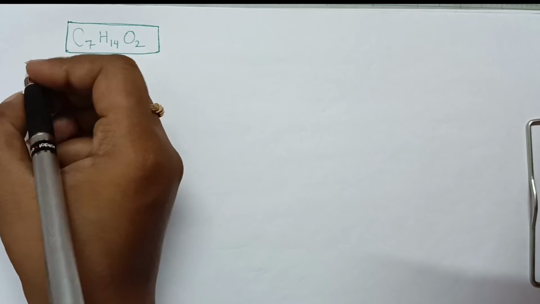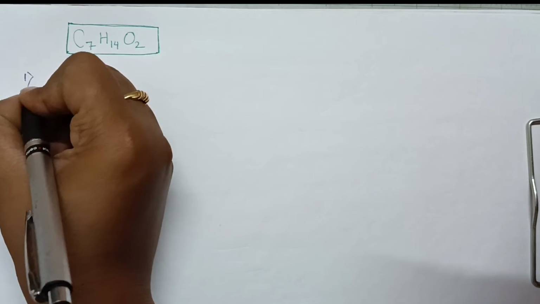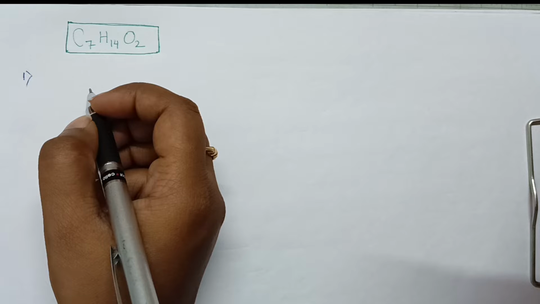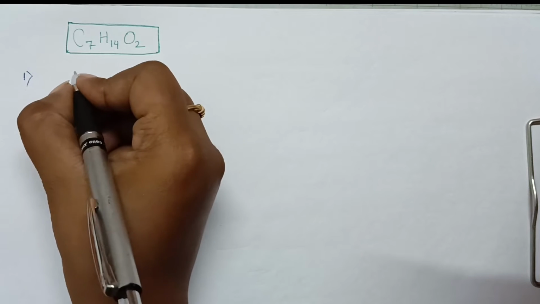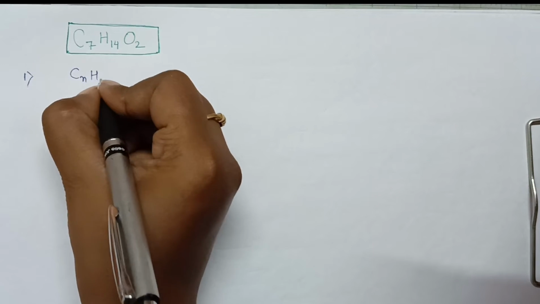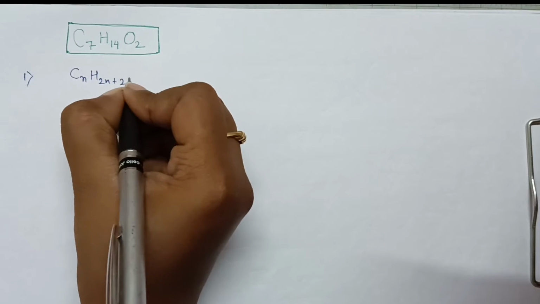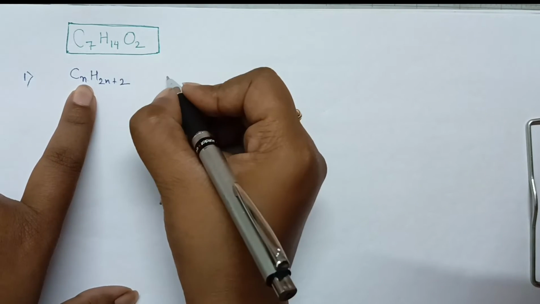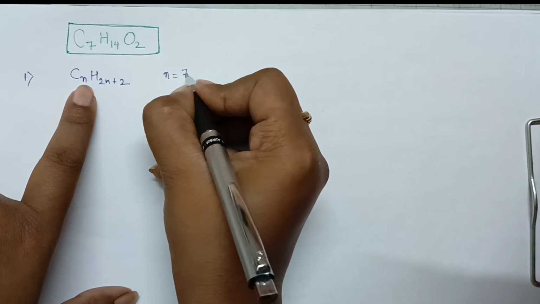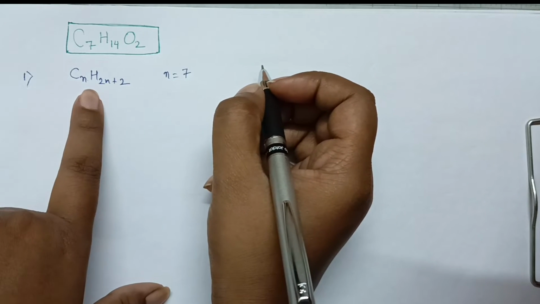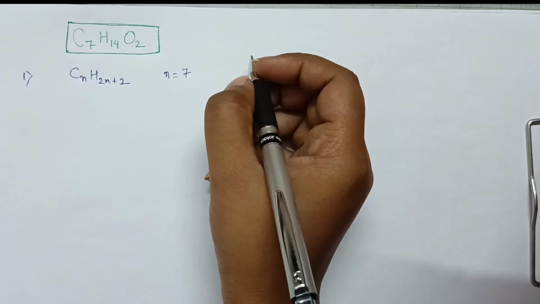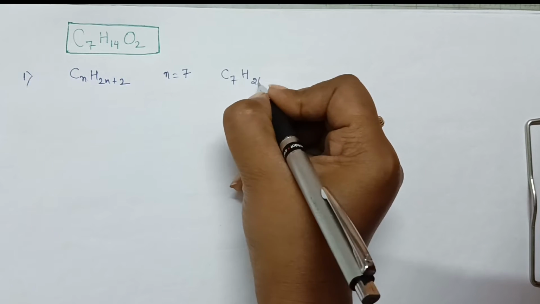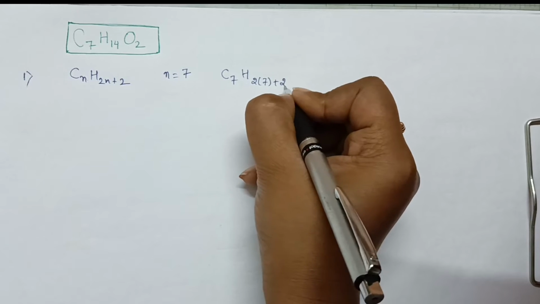So for the first step, what we are going to do is use the general formula for saturated acyclic hydrocarbons. The general formula was CnH2n+2. So here n is equal to 7. For n equal to 7, if we use this general formula, we get C7H(2 into 7 plus 2).